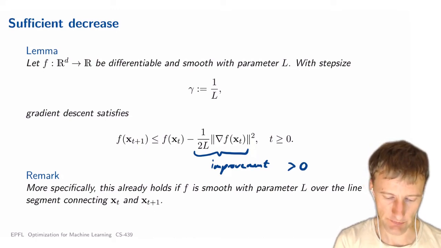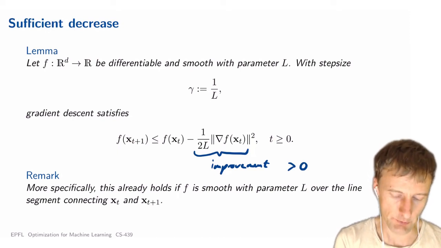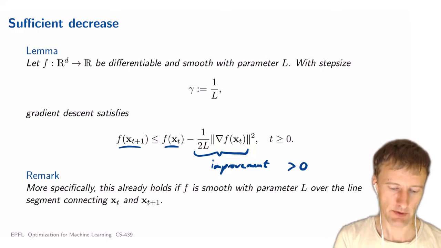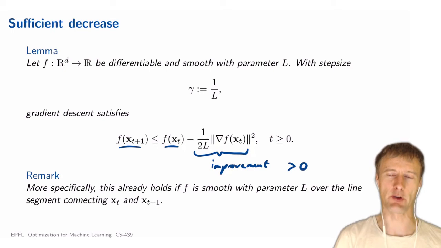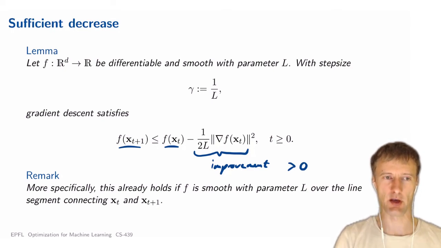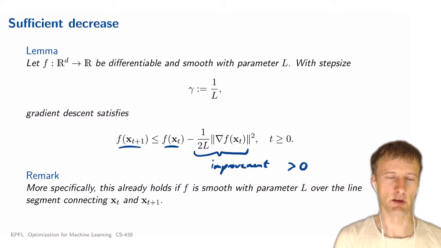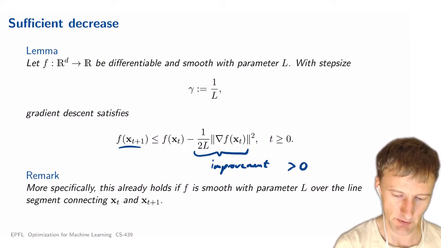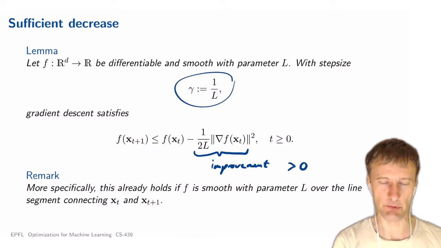And what it says here is that you will make strict progress in every step. So now we have that the new step is strictly better than the old one. That's something we didn't have in our vanilla analysis before, where we just summed up everything and then saw that the sum was bounded. But here we actually see that the last iterate is the best, because every iterate gets strictly better in every step, if we use this special step size, which is very important in the future.